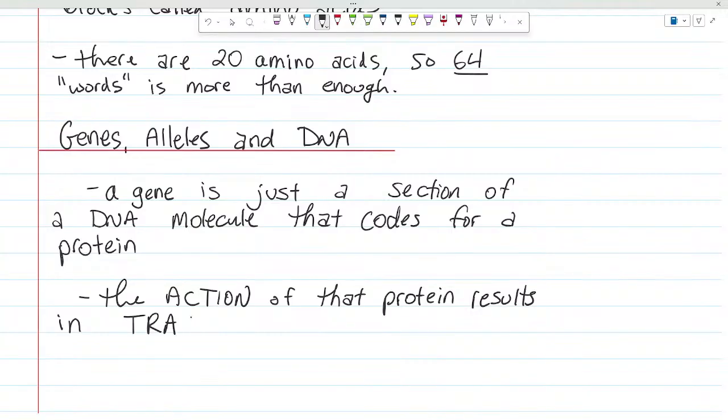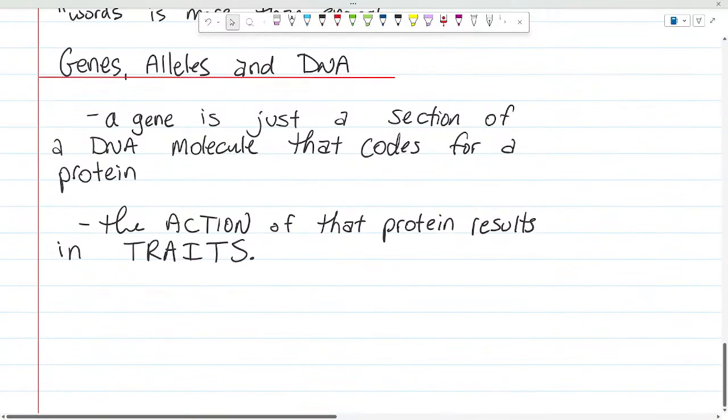So like when we were talking about pea plants and their genes, there's some gene that produces a protein. And one version of that protein results in making a plant that grows tall. And a different version of that protein results in a plant that grows short. But the actual doing bit is the protein. The gene is just the instructions to build that protein.